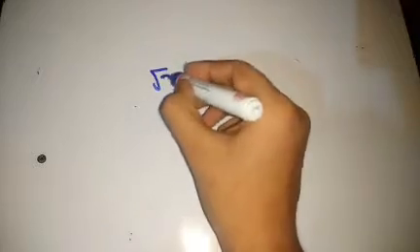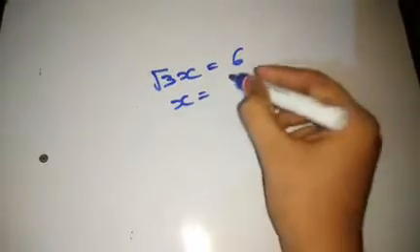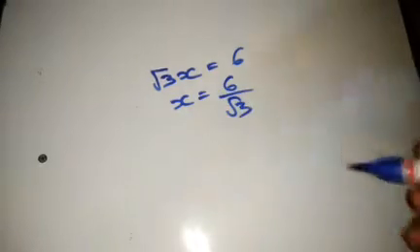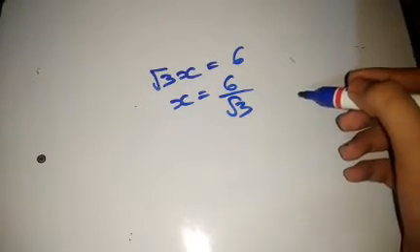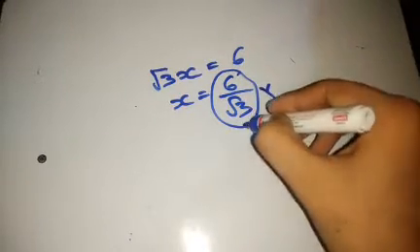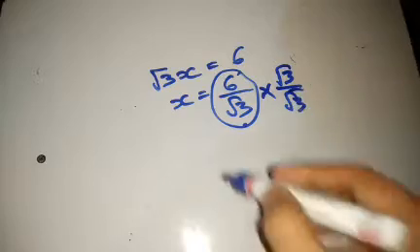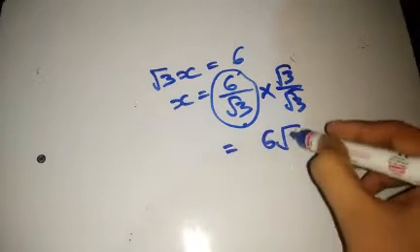There are many more examples. If we take some complex one, like root 3 x is equal to 6, then in such a case we will get x equal to 6 by root 3. There is some way I think you don't know to solve this further. We multiply the same quantity above and below, and then we will get 6 root 3 over 3.